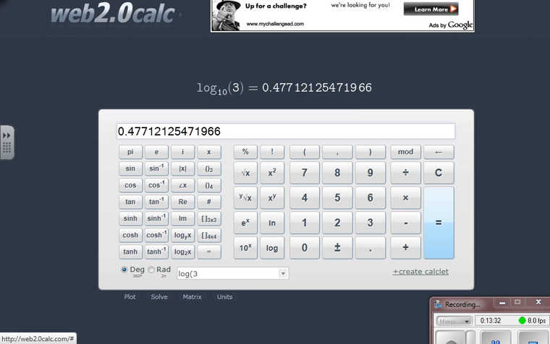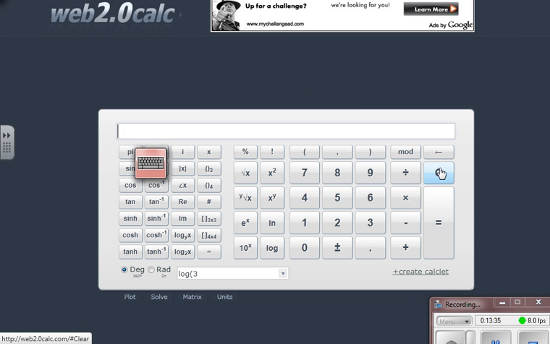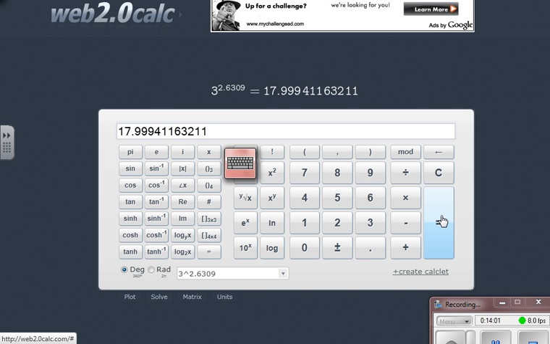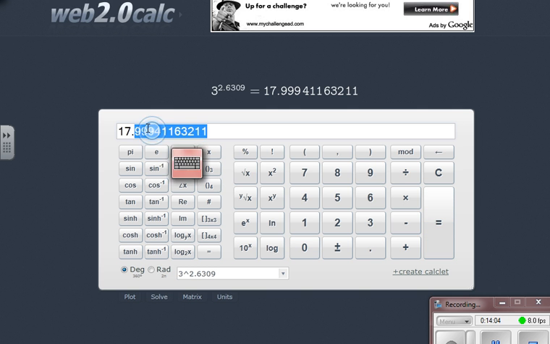Let's go to our calculator quick and clear. If I have 3 to the 2.6309, I get basically 18 with some rounding error.